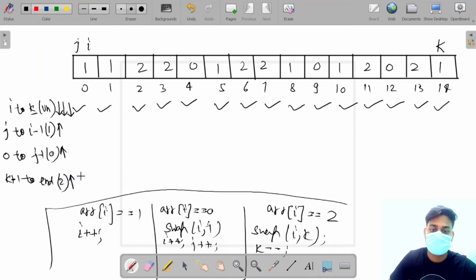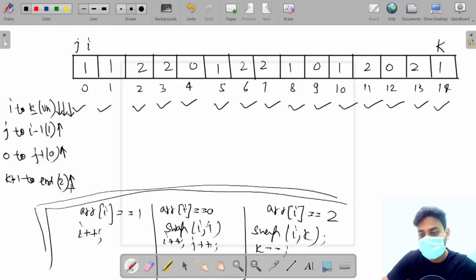So now let's have a quick dry run of the given operations which are written here. Now arr of i equals 1. So what do we have to do? We have to simply increase the value of i, and the unknown region decreases and the region of 1 increases.